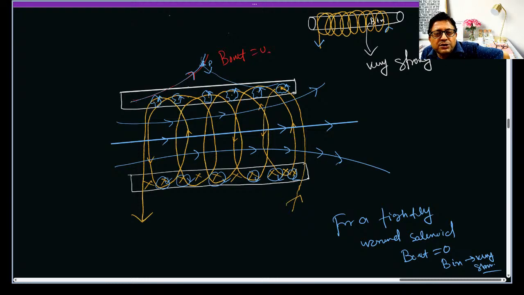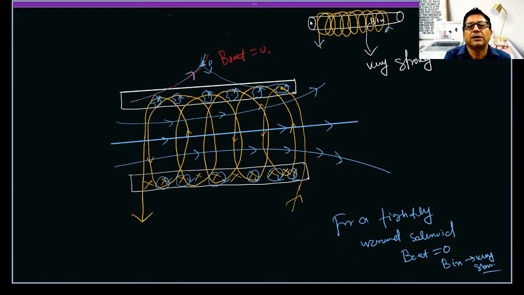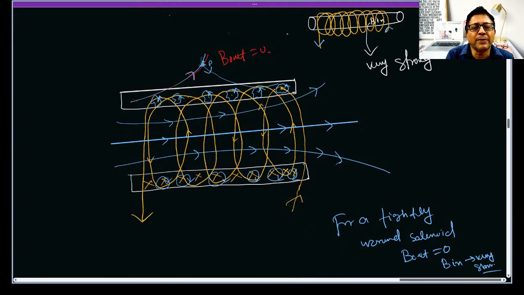Now, how to find the strength of the magnetic field at a point inside? Outside, we have proved it is zero because the lines of force cancel. To find the strength of the magnetic field at a point P inside, we have to draw a loop. Then we will do path integration, the circulation of magnetic field.